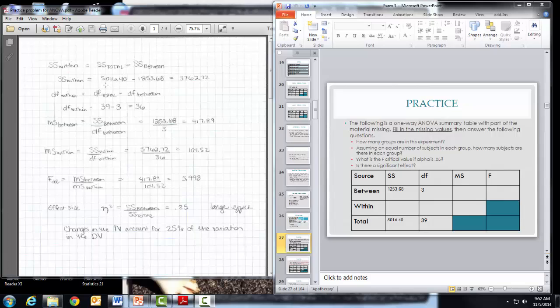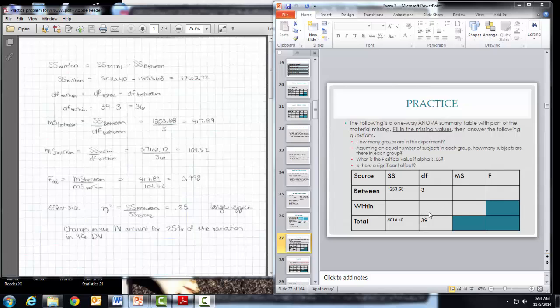So we're going to take the sums of squares total value and subtract the sums of squares between value, and we end up with a 3762.72. And so what we would do with this value here is we would write it in sums of squares within.